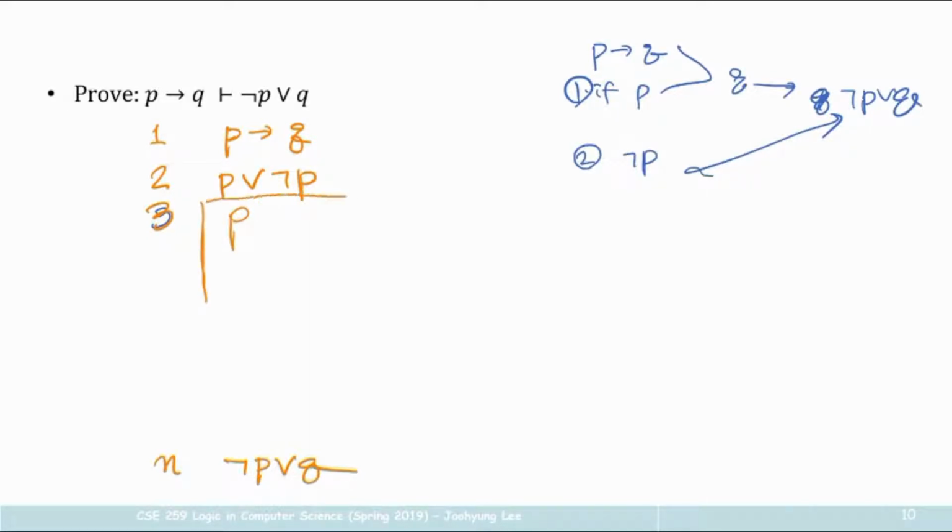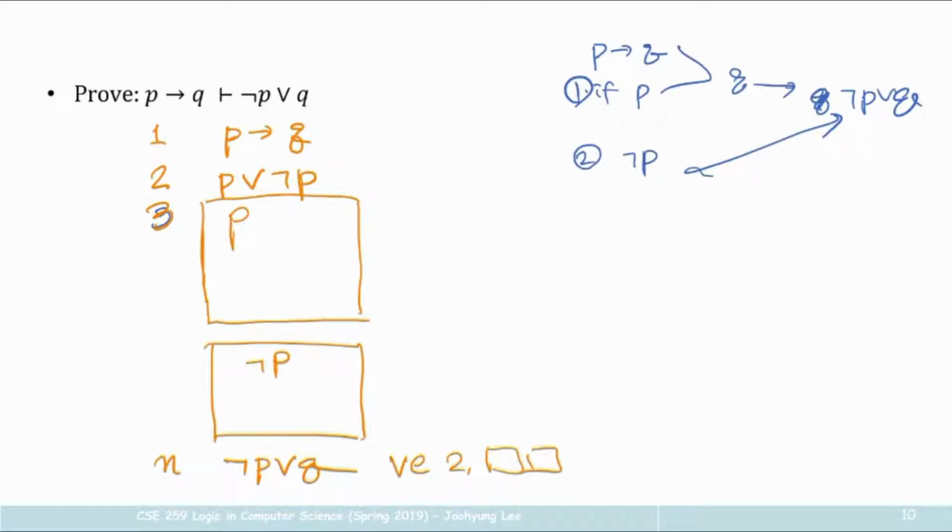I need two cases, right? Do you remember the OR elimination? We are going to use OR elimination for line 2 and these two boxes, right? So in order to use this OR elimination, I have two cases: when P is true and when not P is true.